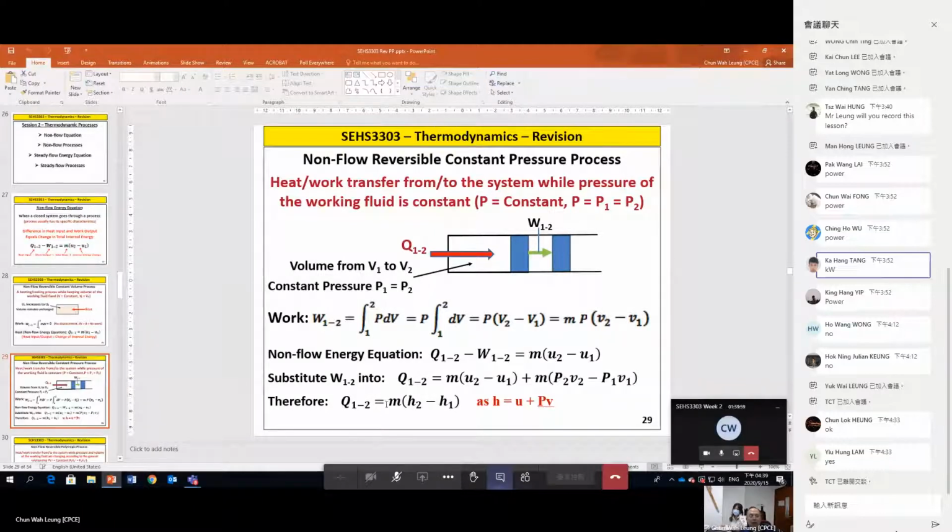So it becomes the heat from 1 to 2 equal to mass times U2 minus U1 plus mass times P2V2 minus P1V1. Why P equal P2 and equal P1? Because they are constant values. P equals P2 equals P1 and equals a constant value, because this is a constant pressure process.